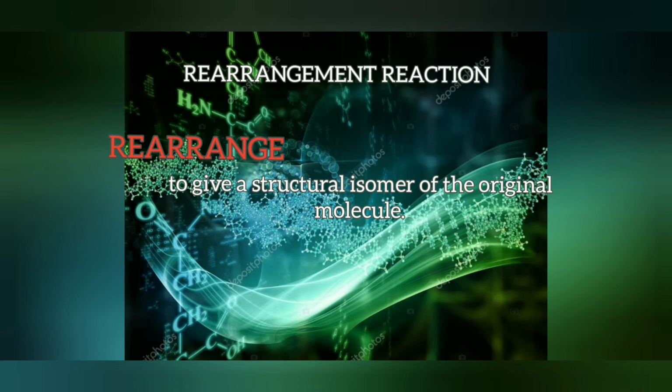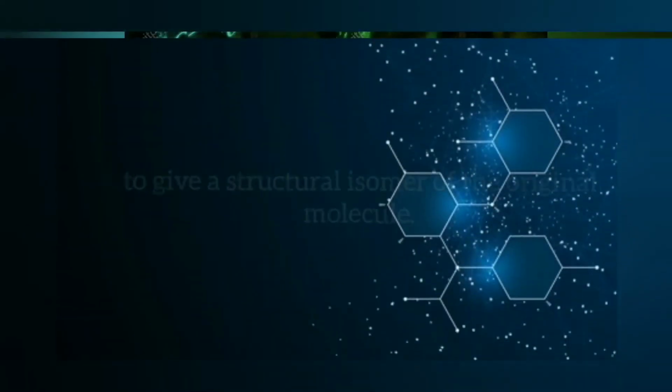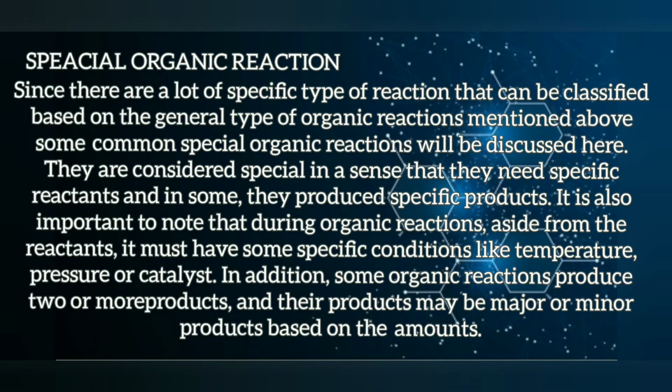Since there are a lot of specific types of reaction that can be classified based on the general types of organic reactions mentioned above, some common special organic reactions will be discussed here. They are considered special in a sense that they need specific reactants, and in some, they produce specific products.